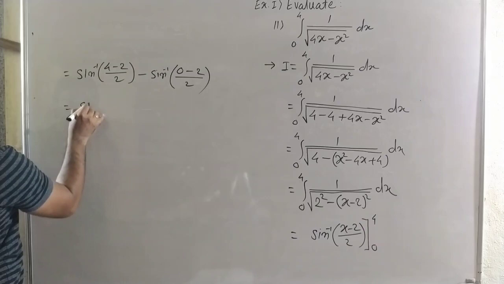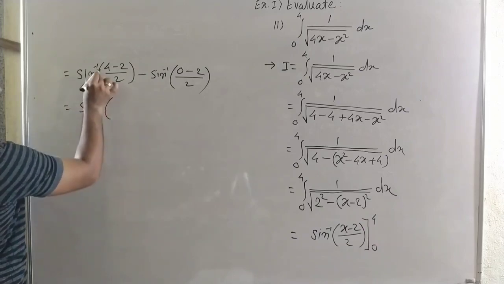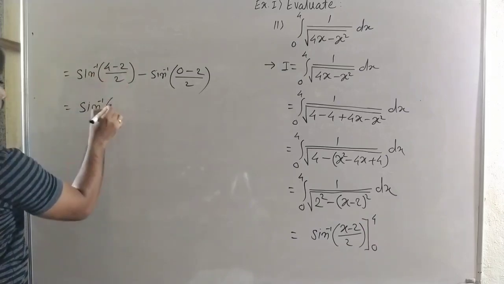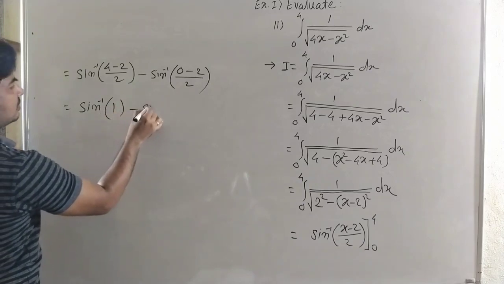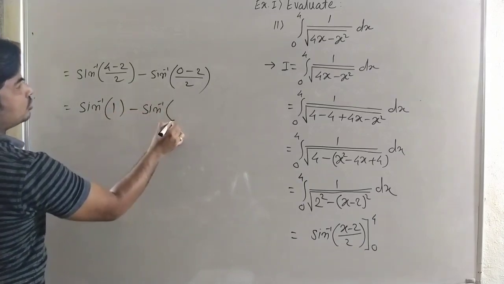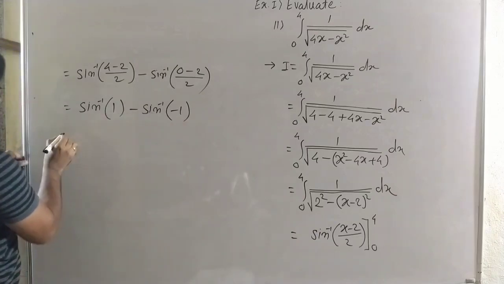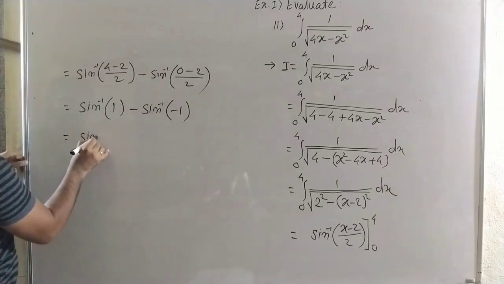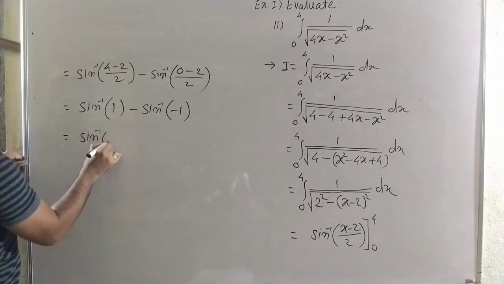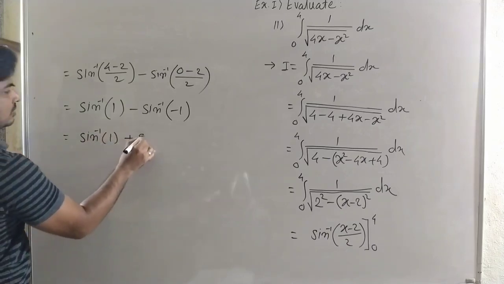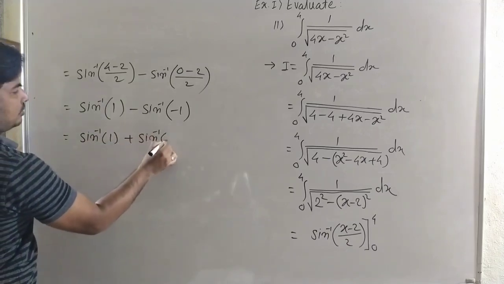Now sine inverse of (4 minus 2) by 2, that is 1, sine inverse of 1 minus sine inverse of (minus 2) upon 2, it is minus 1. Again we use the property of inverse trigonometric function. Here it is sine inverse of 1 plus sine inverse of 1.